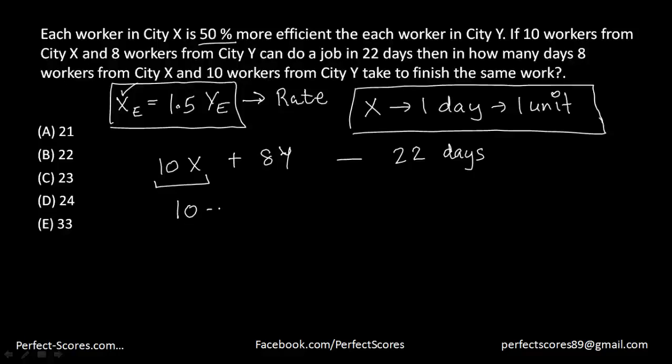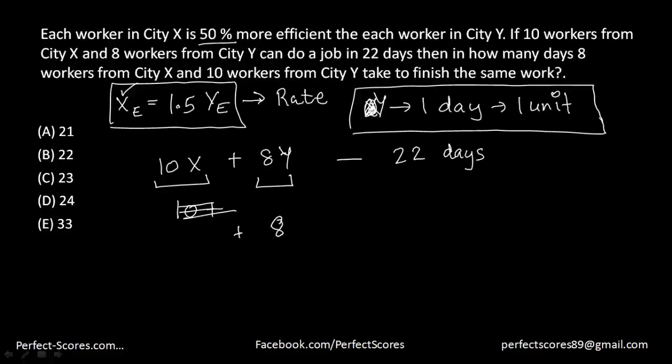Actually, I can make it an easier number. Instead, let's say every worker from city Y finishes 1 unit of job, just not to have anything divided by 3 here. So every worker from city Y finishes 1 unit of job every day. That means in one day, 8 workers from city Y will finish 8 units of job.